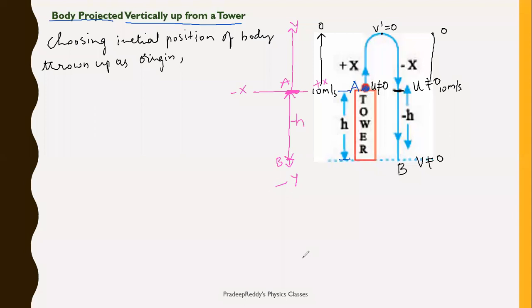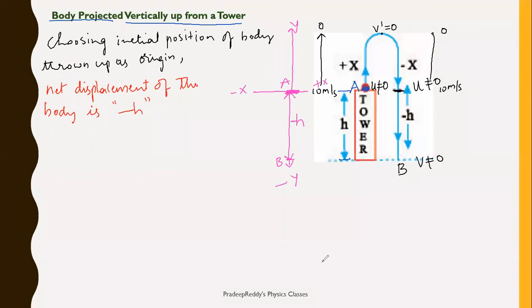Therefore, the net displacement of the body from initial to final is minus H.